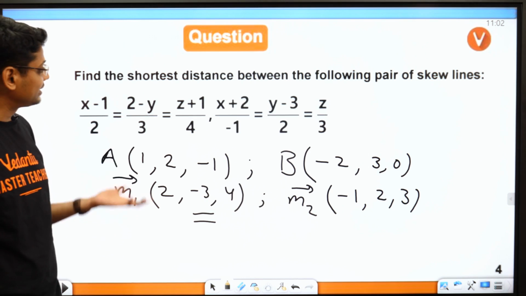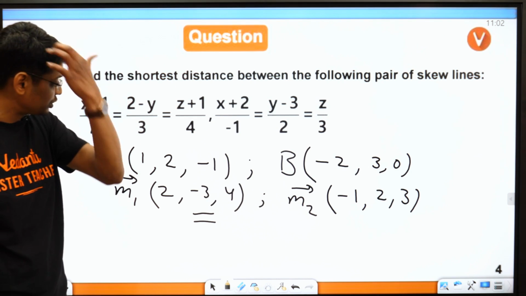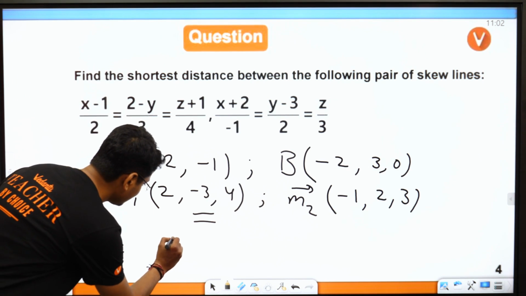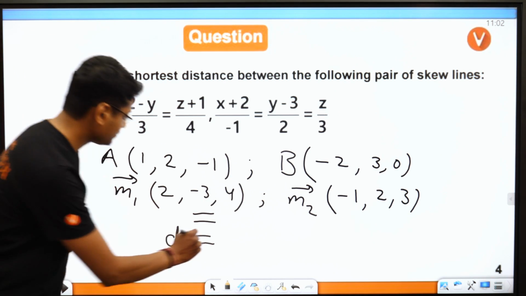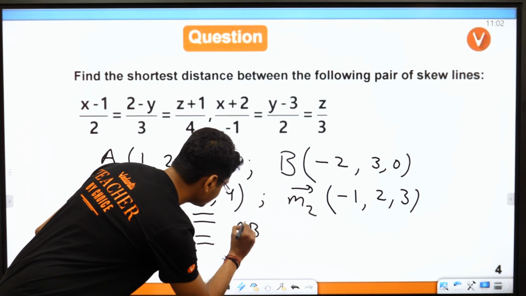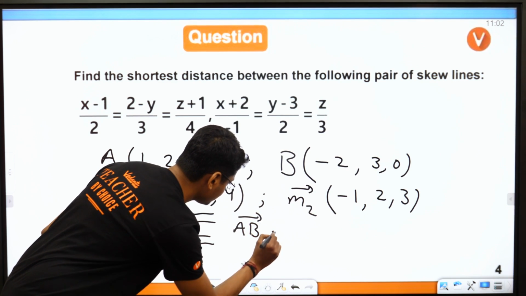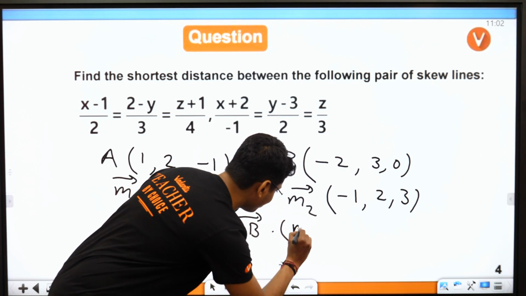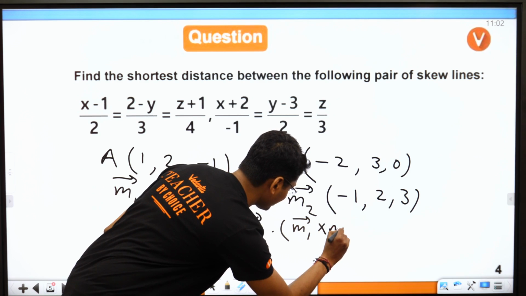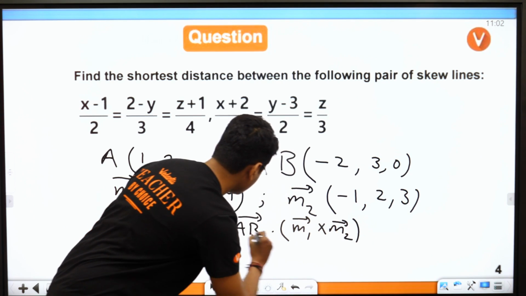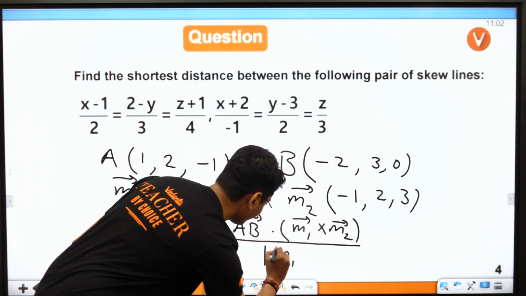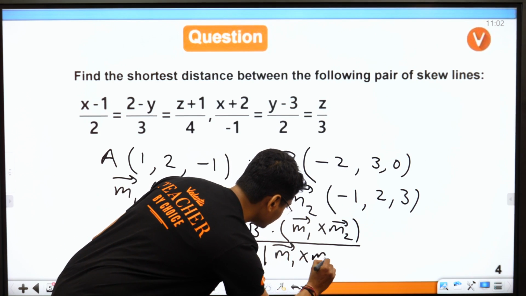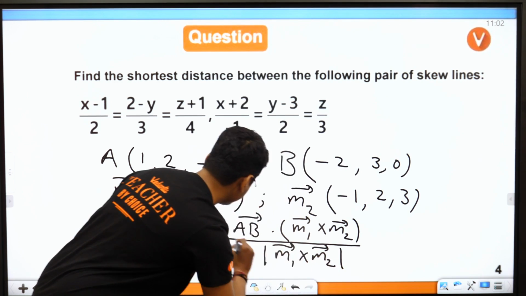So we know how to find the shortest distance between a pair of skew lines. If I say D is my answer, it would be AB vector dot m1 vector cross m2 vector, divided by magnitude of m1 vector cross m2 vector.